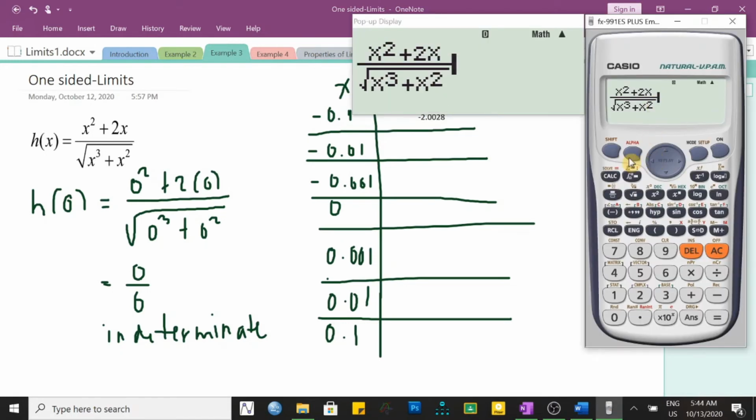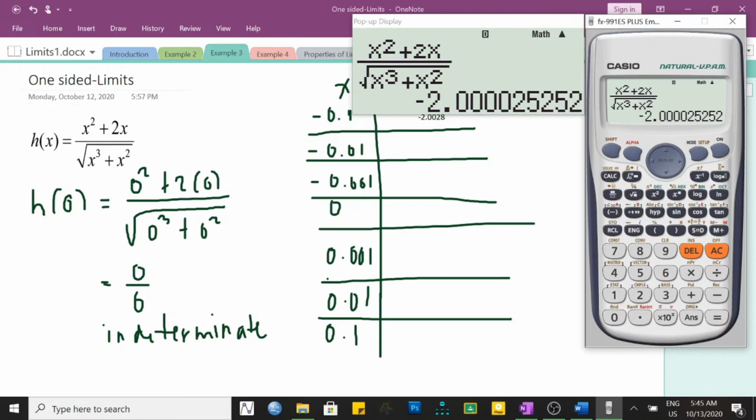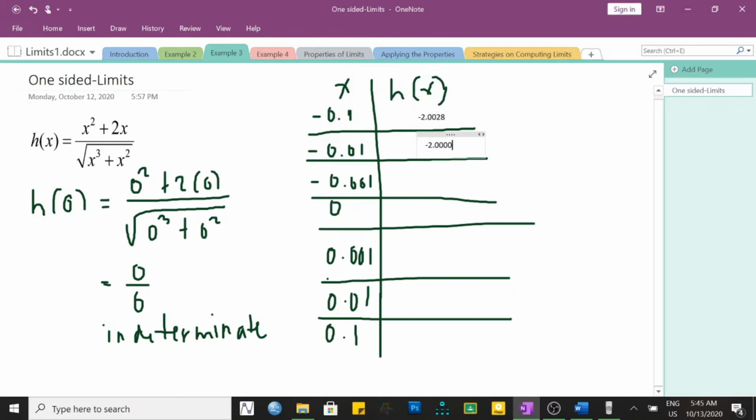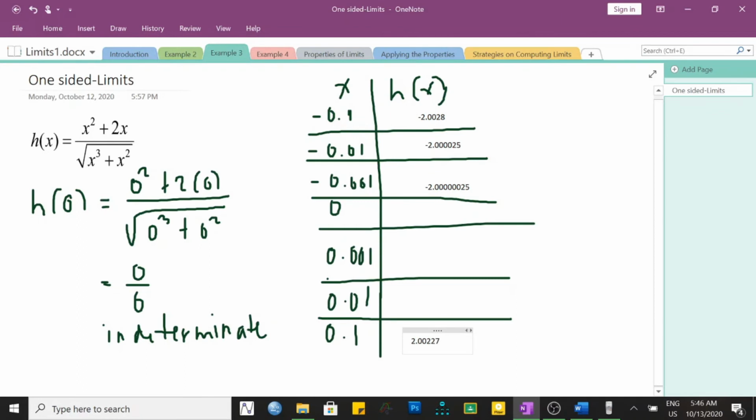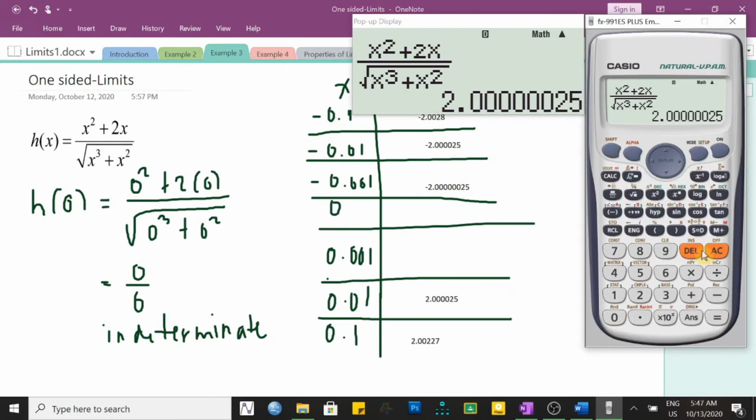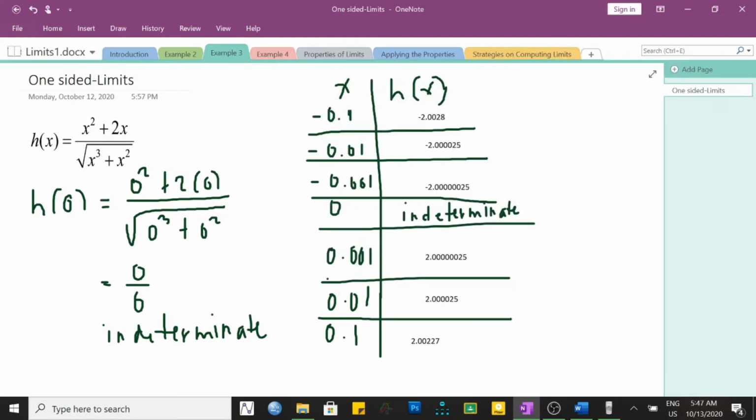We do the same. So calculate at negative 0.01. Our answer is negative 2 and then 4 zeros. We have 25, so it's at exactly negative 2.0. Let me quickly do the rest. There we have it, our complete table.